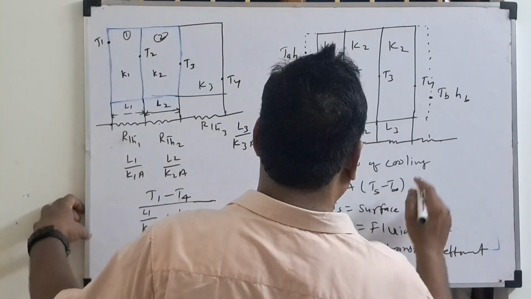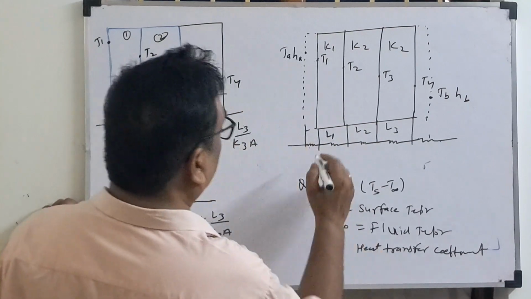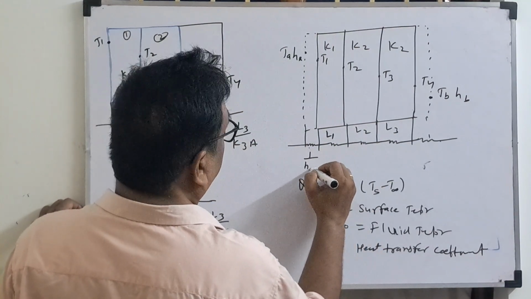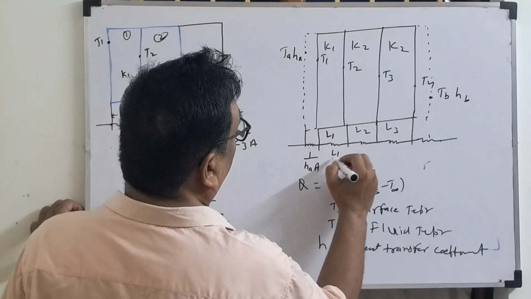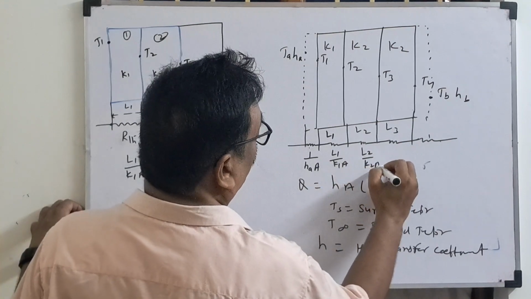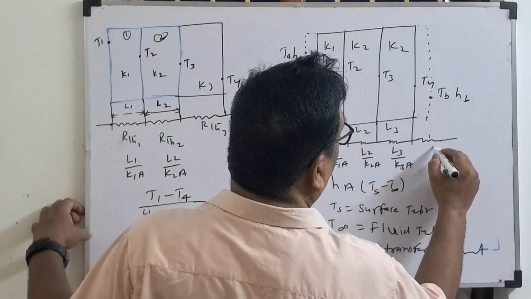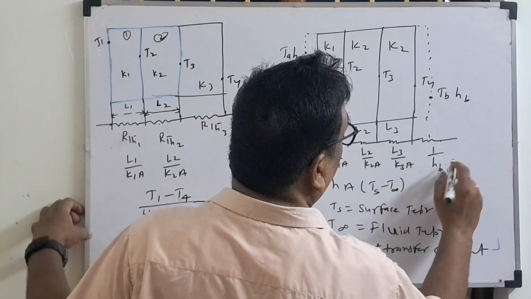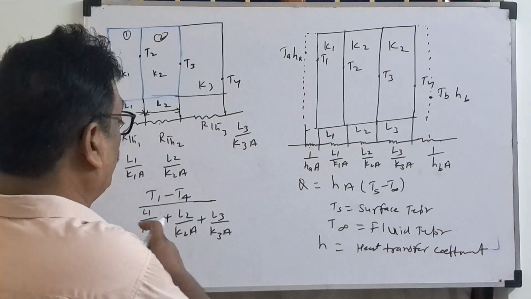Newton's law of cooling, now I will repeat it. The thermal resistance is 1 by hA, that is 1 by hA into A. Then L1 by K1A, L2 by K2A, L3 by K3A, then 1 by hB into A. So what is the formula for the heat flow?